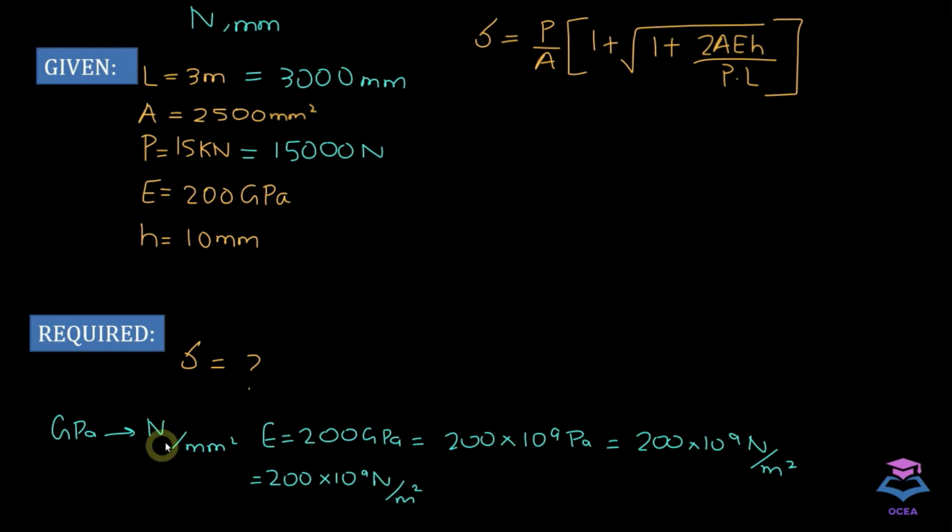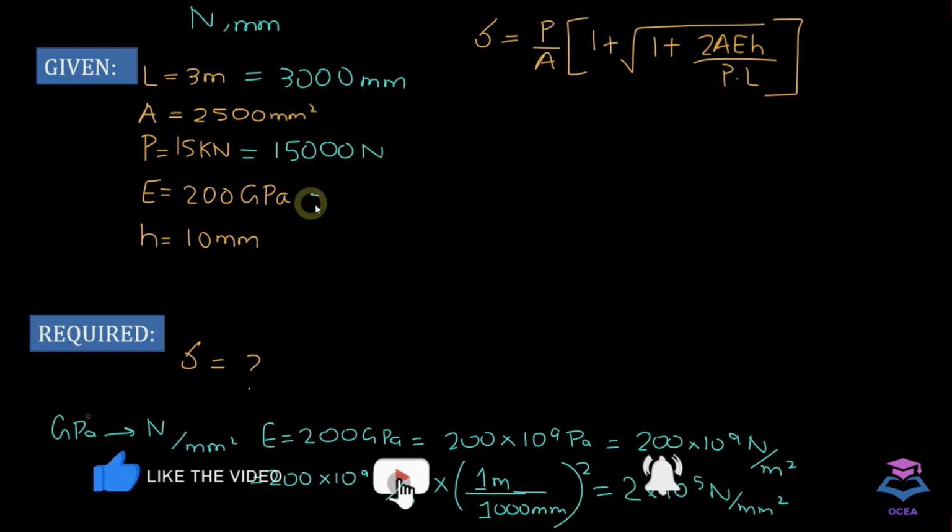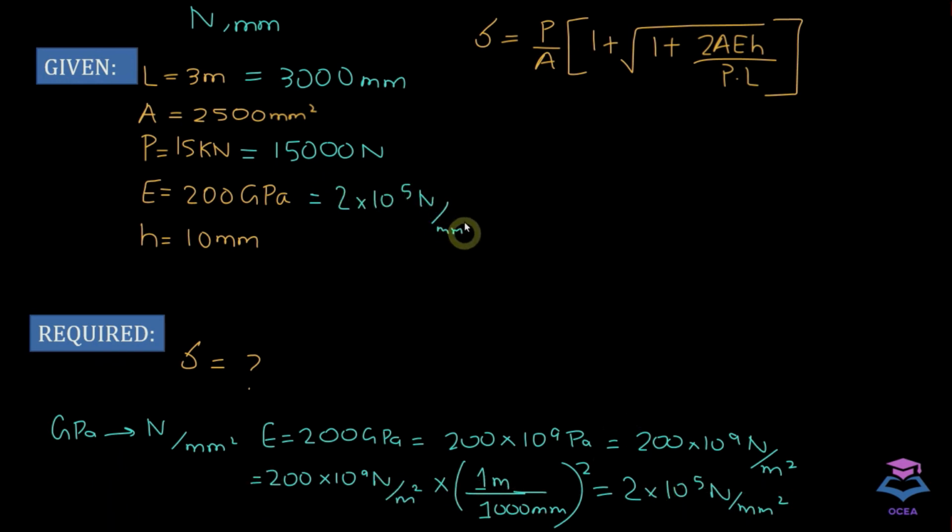Now to convert it into Newton per millimeter square, we know that 1 meter is equal to 1000 millimeter, right? So take the square of it and simplify it, and there you have it. And H is in millimeters, so we don't need to convert it.